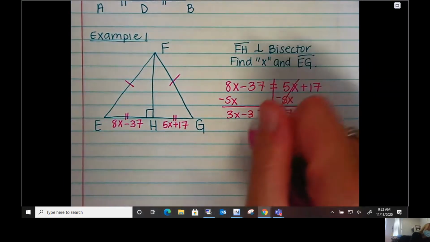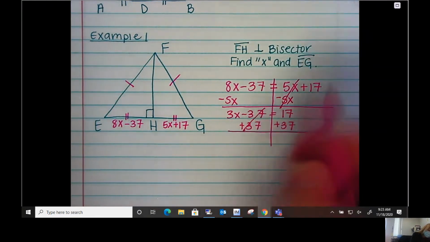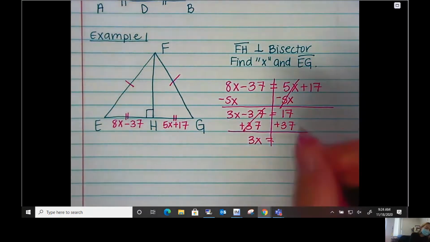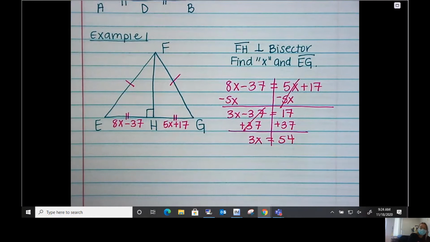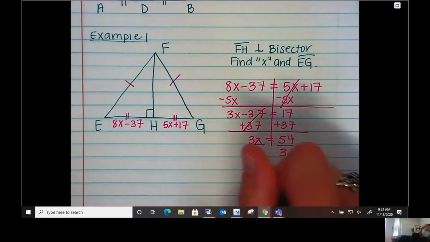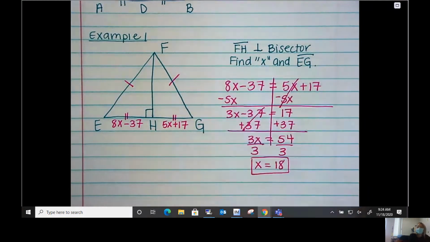Add 37 on both sides. You get 3x equals 54. And then what's your final step? Divide by 3. You get x equals 18. Okay, so we did the first part of the problem.